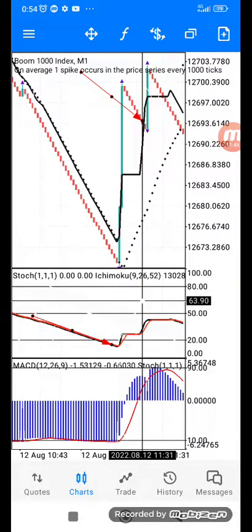Immediately there is a retracement from up after the spike down to the bearish candles that touches the Ishimoku line.